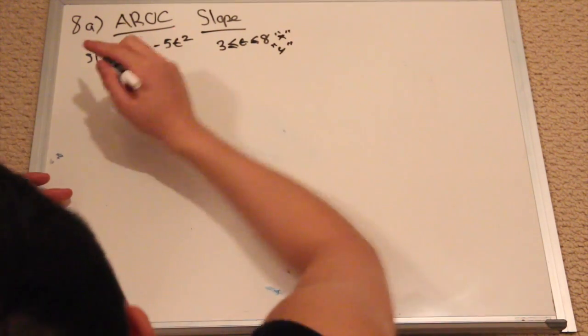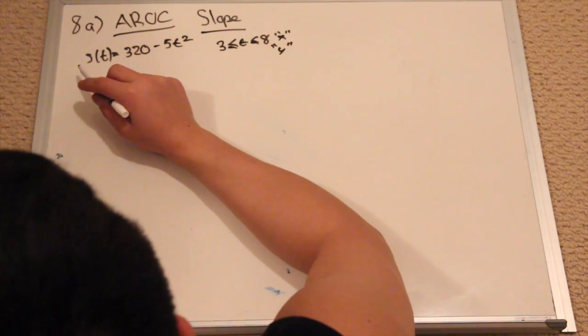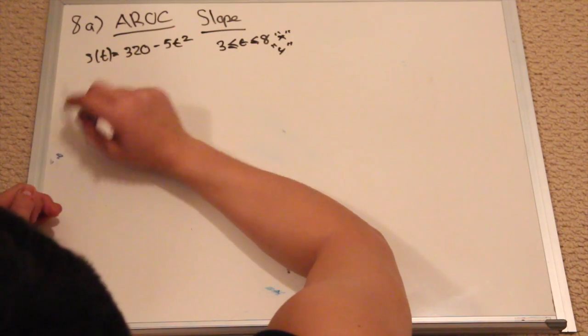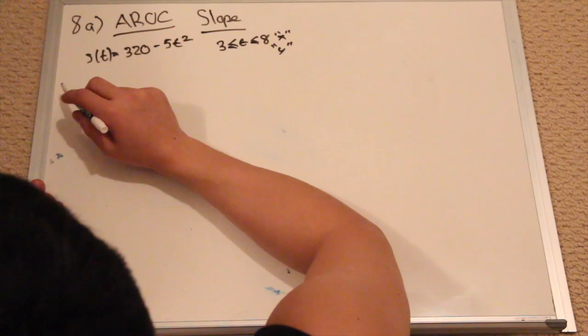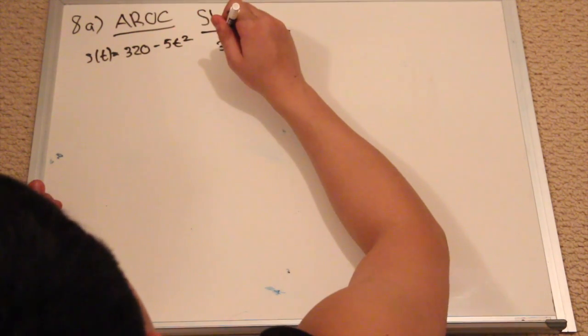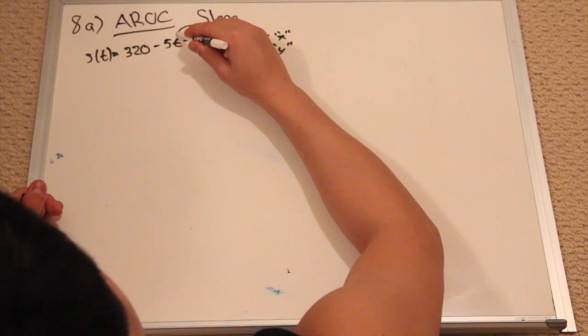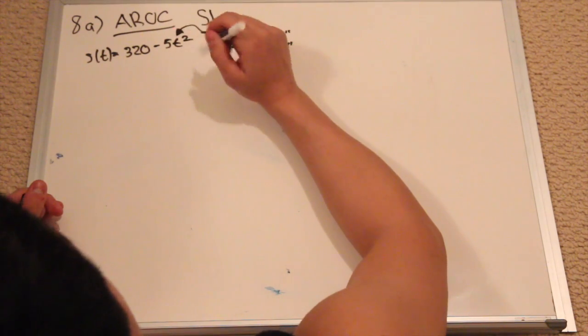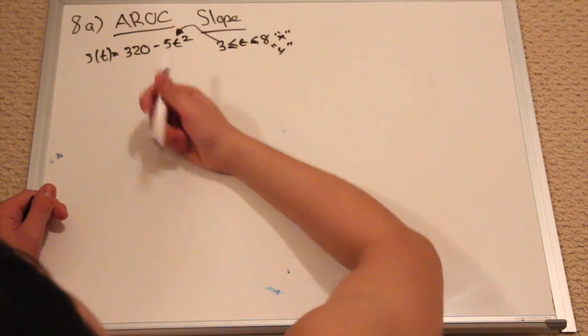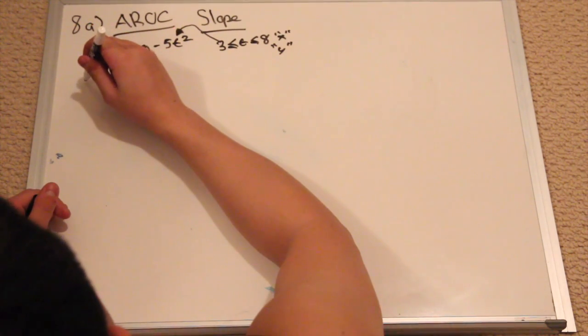So since this s variable is basically replaced by the y, it's safe to assume that this s is the y. So basically what we have to do is replace the t with the 3 to find the y value. It's going to look like this.